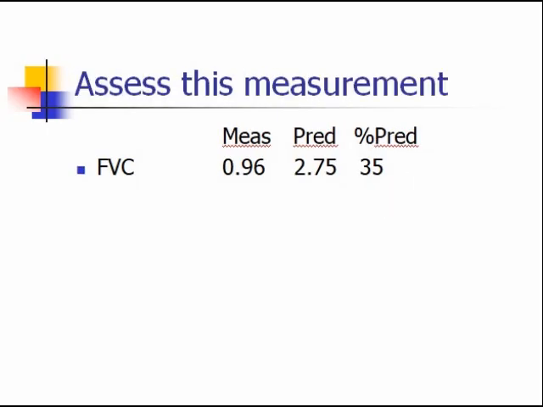Now, okay, so we have the FVC. Is that a normal amount? No, it's 35% of predicted. So in this case, it's going to be a restrictive condition, but as we said, you cannot use FVC as a final interpretation of restriction.